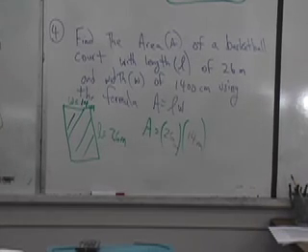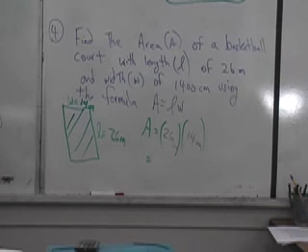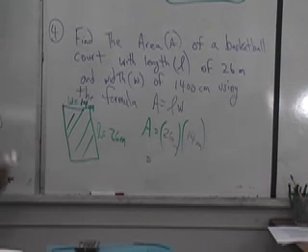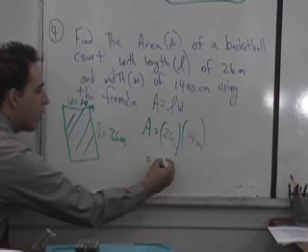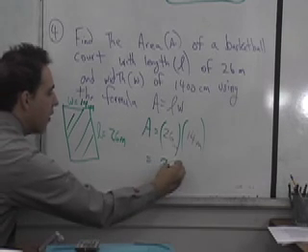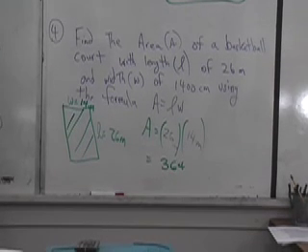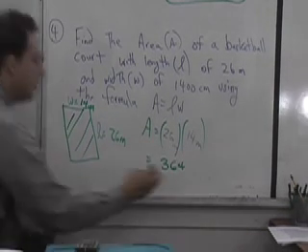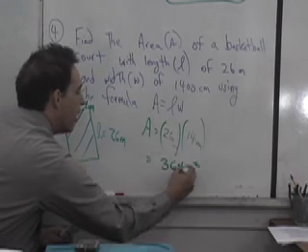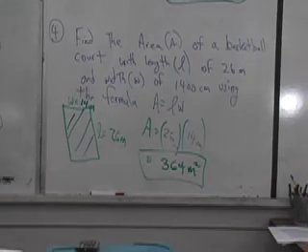Now when you multiply those together, be careful, what do you get? 26 times 14 equals what? 364. And is it meters? Meters squared, good. There it is, folks. Because area is always in meters squared.